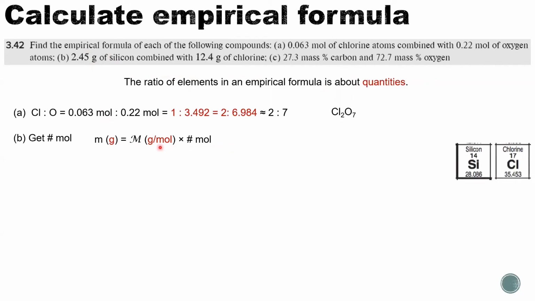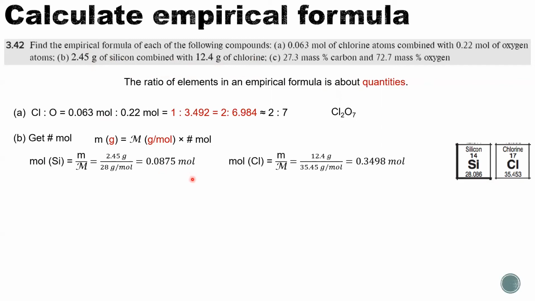We can get the molar mass of these two elements from the periodic table, then calculate the number of moles. So for silicon, it's 0.0875 mole. And for chlorine it's 0.3498 mole.